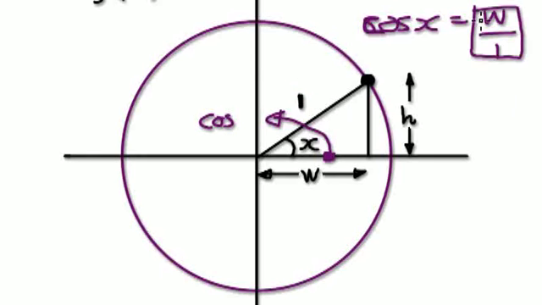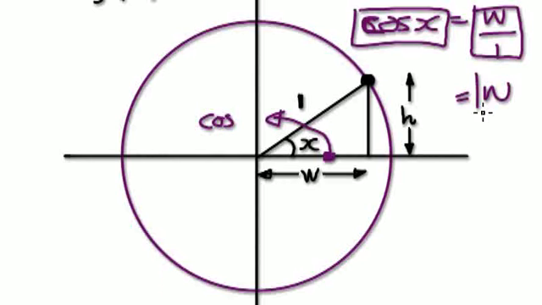So this here neatly becomes w. So rather than trying to understand cos of x, as this dot moves around the circumference of this circle, we would try to understand the width of this dot as it moves around.